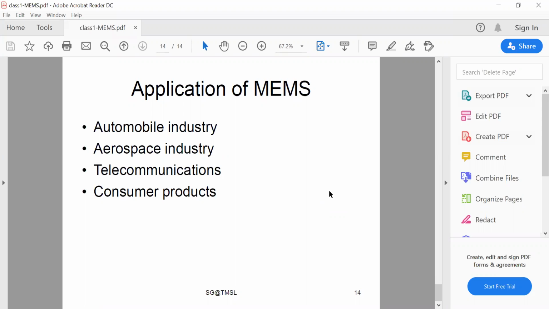That can be made by MEMS sensor technology, and transmission force and pressure control can be adjusted by MEMS sensors also. Another is the engine coolant temperature and quality sensor, or oil pressure sensor. For tire pressure measurement, MEMS devices can be used. For fuel pressure measurement, MEMS devices can be used. So lots of applications are involved in the automobile industry.